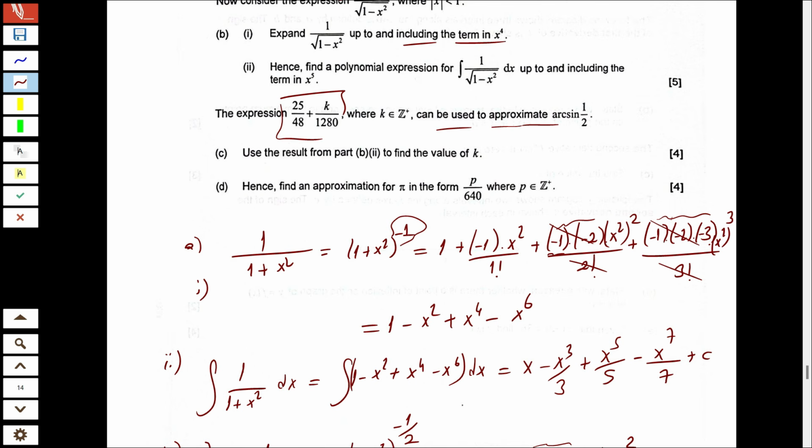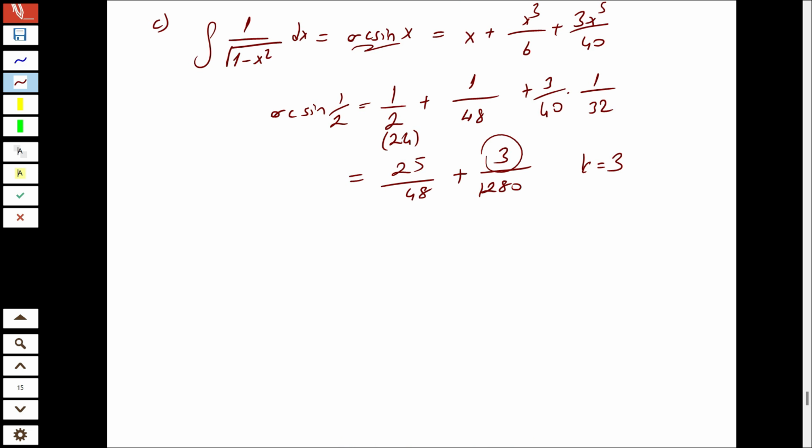Okay, the last question is find an approximation for pi in the form pi over 640. We know that arc sine 1 over 2 equals pi over 6. Why? Because sine pi over 6 equals 1 over 2.